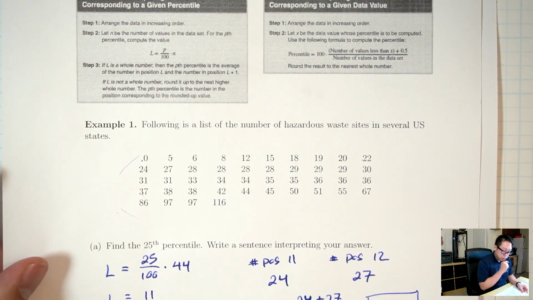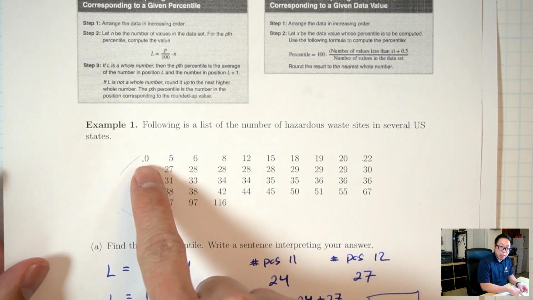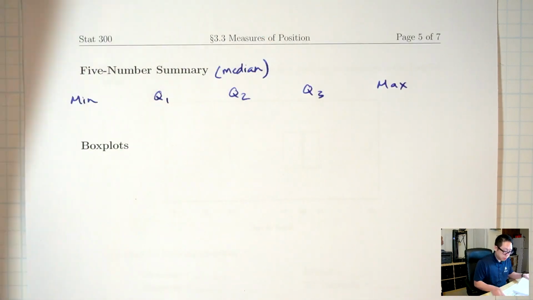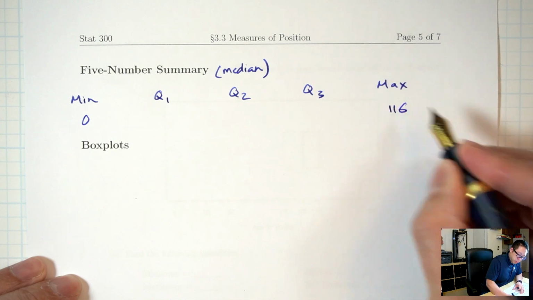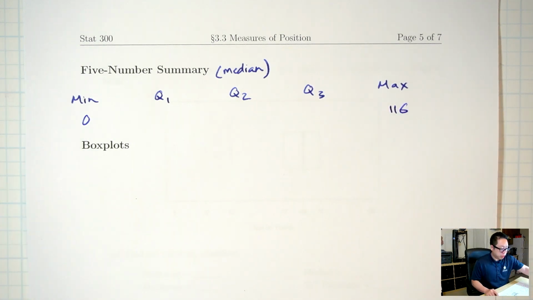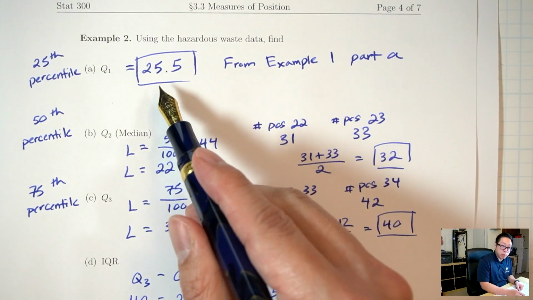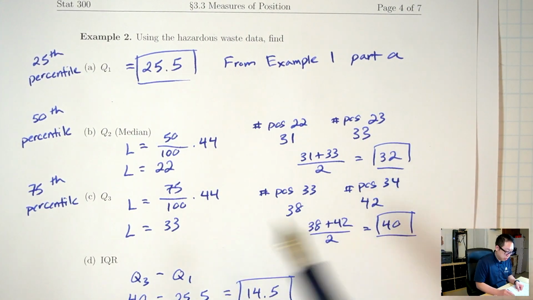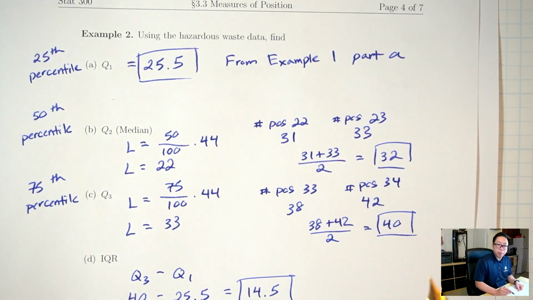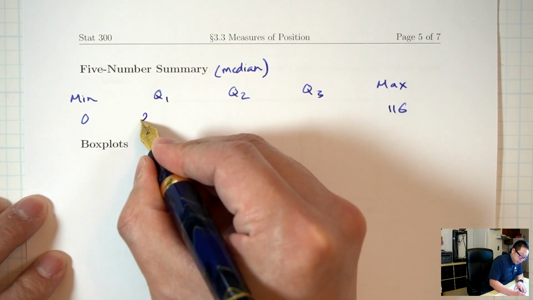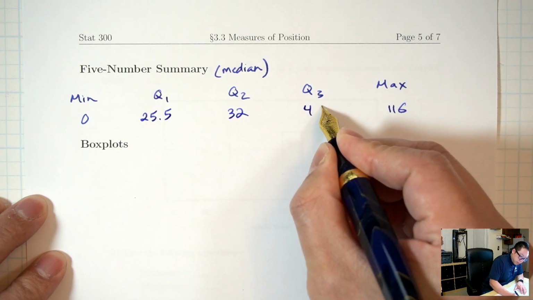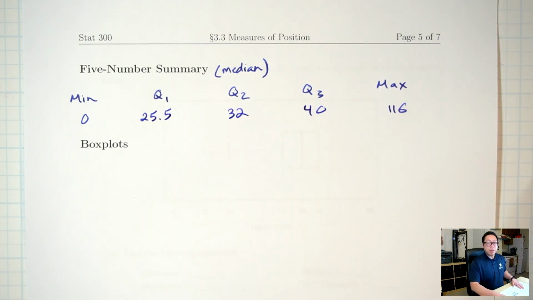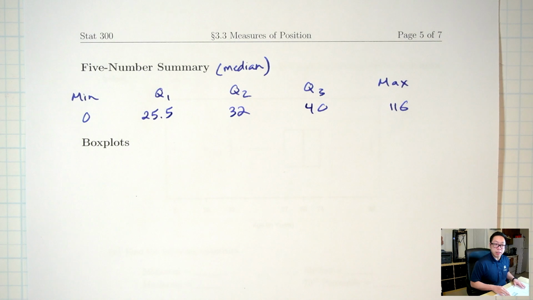The minimum here is 0. The maximum is 116. And then Q1, Q2, Q3, we found on the previous page. Q1 was 25.5, Q2 was 32, Q3 was 40. So 25.5, 32, and 40. And that's the 5-number summary for the data in example 1.